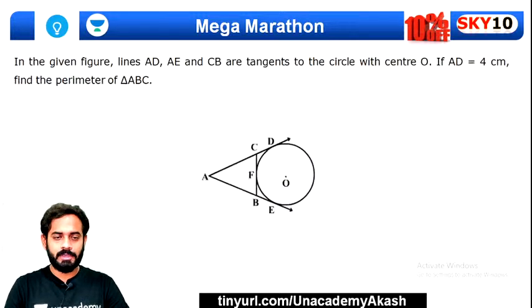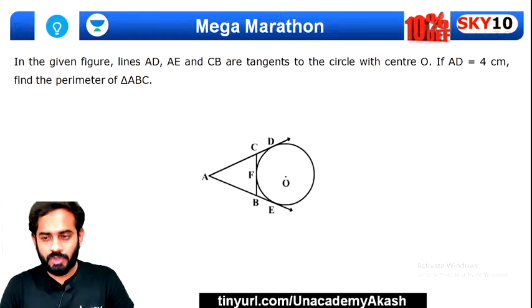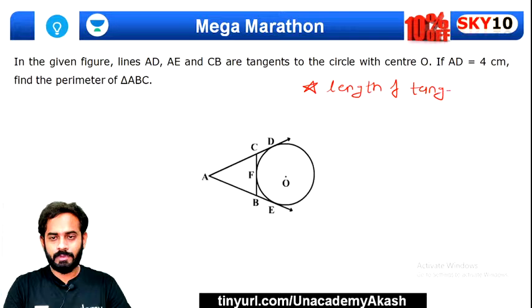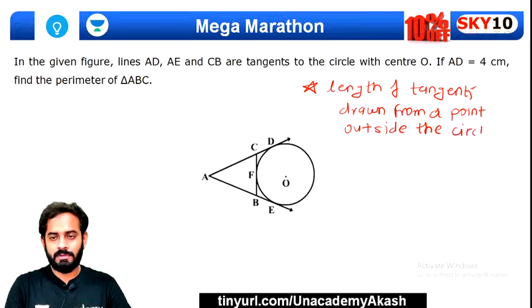Very simple. Next. So what is the concept we are going to use over here? Listen carefully. The concept is: length of tangents drawn from a point outside the circle is always same.